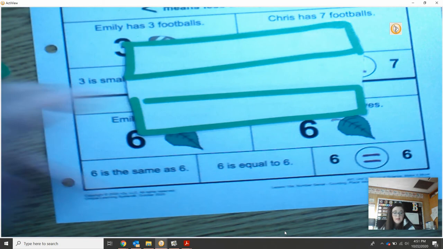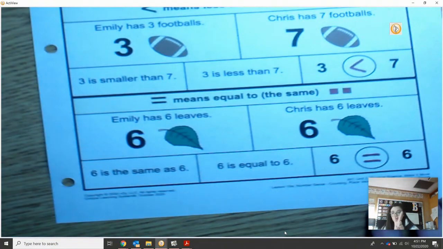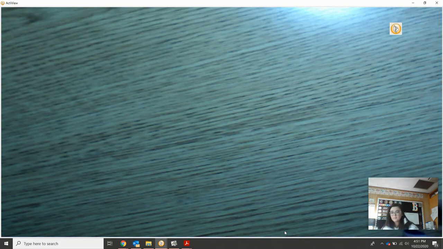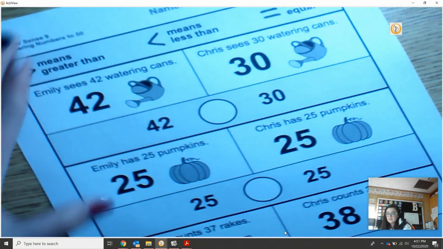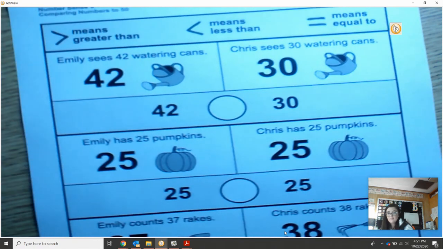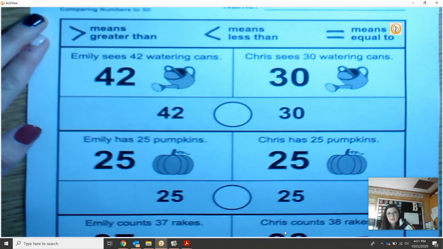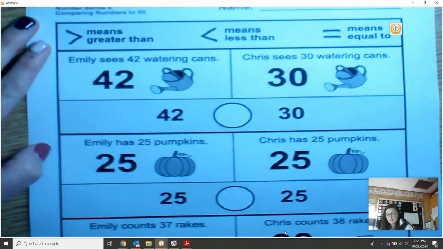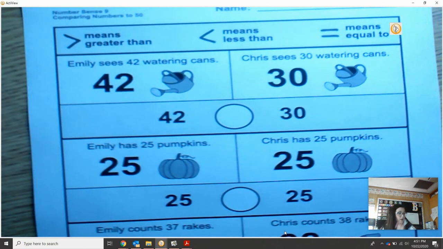Okay, let's do 2 practice ones. You should have a sheet that looks something like so. Okay, yours is going to have color on it. Mine does not because I did not print it with color. That is okay.